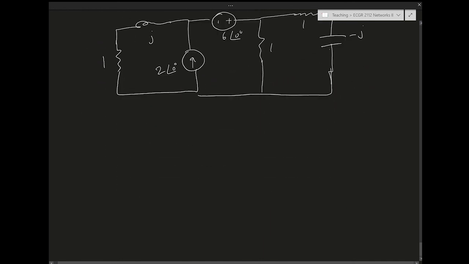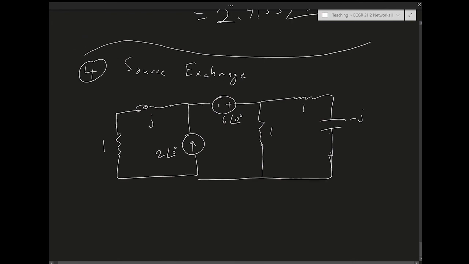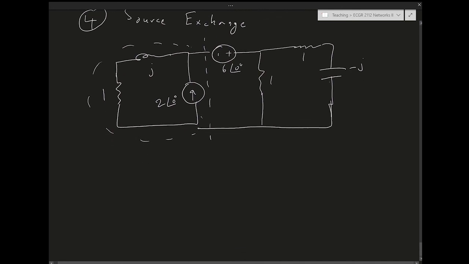Right? So the technique of source exchange is just, we want to combine the sources into one source. What we can do is look at this source by itself with this impedance in parallel with it, and convert this into a voltage source with an impedance in front of it. Like I said, this is very similar to converting between Norton and Thevenin.